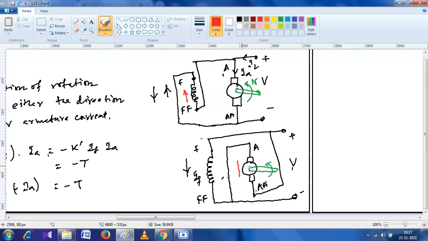Upward or downward? Upward, sir. So the torque generated in both these cases is opposite from the previous one. So the rotation of the shaft is now in the reverse direction than the previous one.